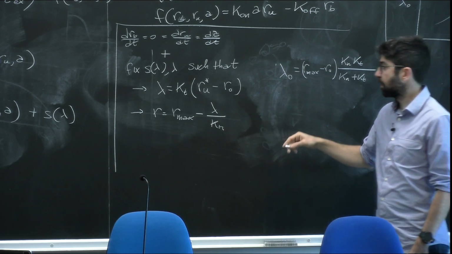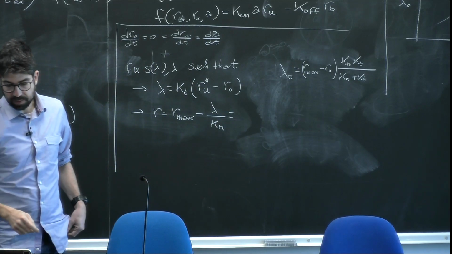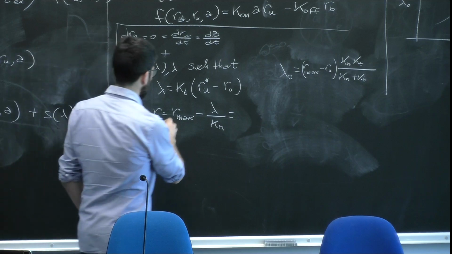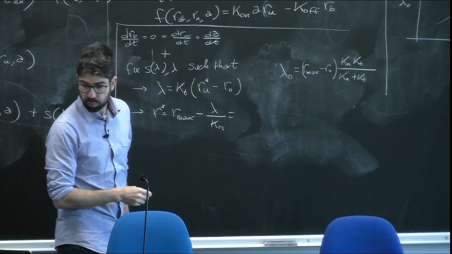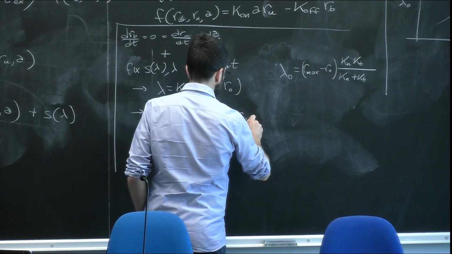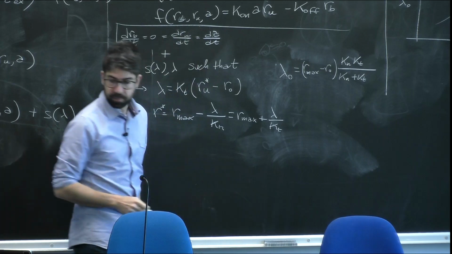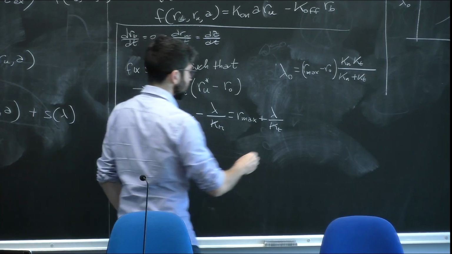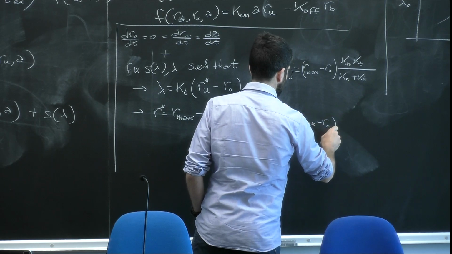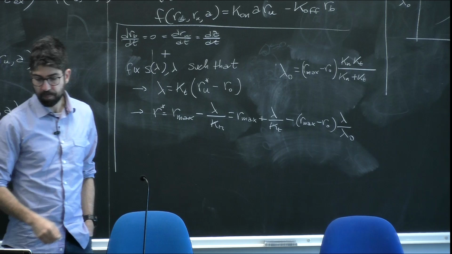Okay? And so what I get if I do that is this R star, sorry, it's equal to R_max plus lambda over kappa_t minus (R_max minus R_0) lambda over lambda naught. Okay?